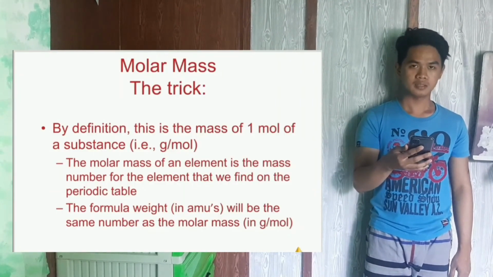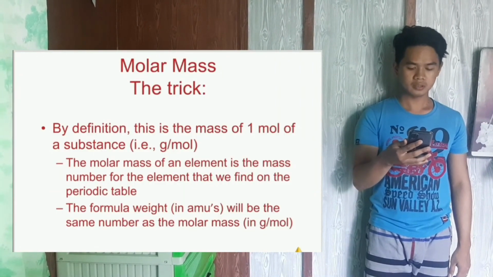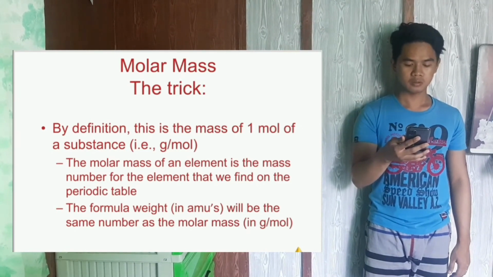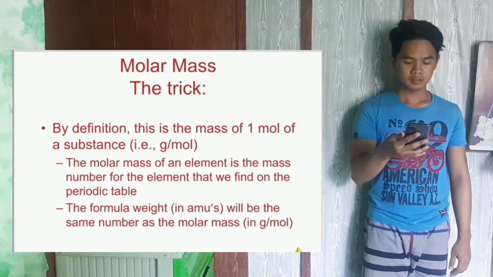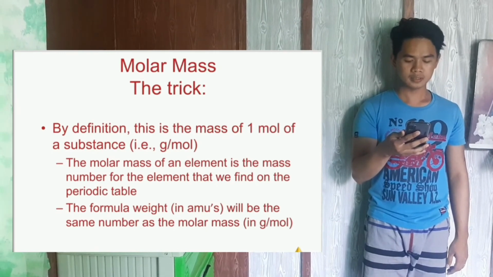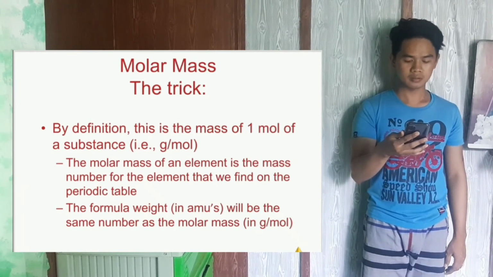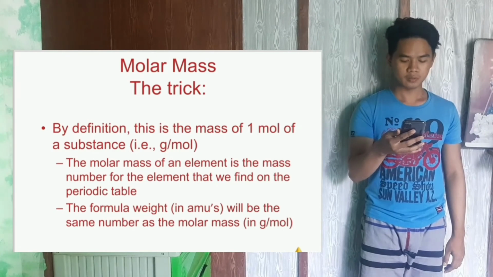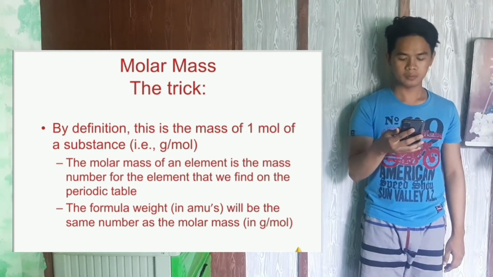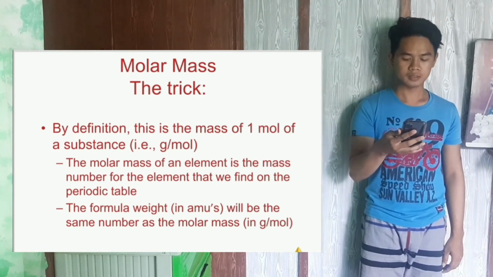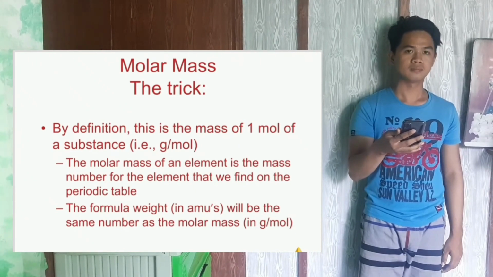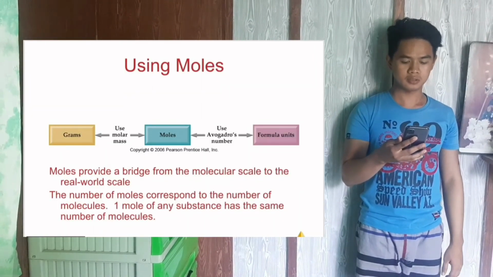Molar mass, the trick. By definition, this is the mass of 1 mole of a substance. The molar mass of an element is the mass number for the element that we find on the periodic table. The formula weight in amu will be the same number as the molar mass in grams per mole. Next is using moles.